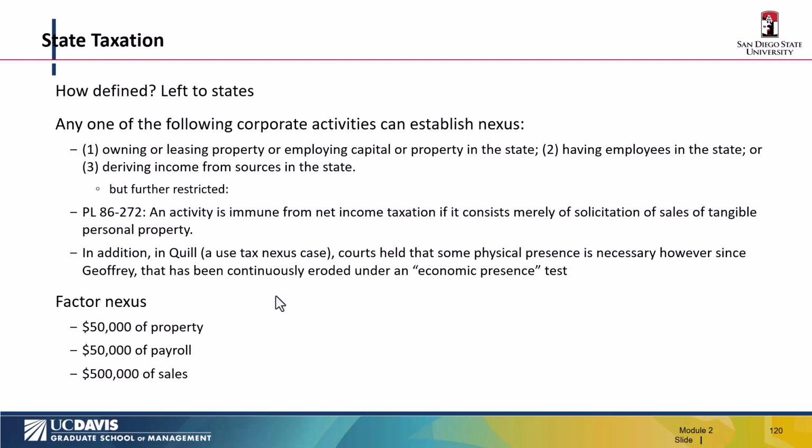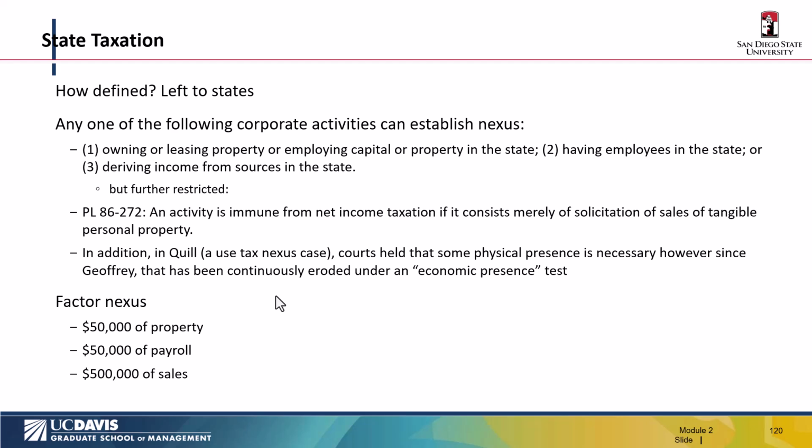Owning or leasing property or employing capital or property in the state. So if you have property in the state, you're done. Having employees in the state, you're done. Or deriving income from sources in the state. Okay, so any of those 3, and we think of those as being property, payroll, and income that's coming from the state. Any of those is adequate to establish nexus.